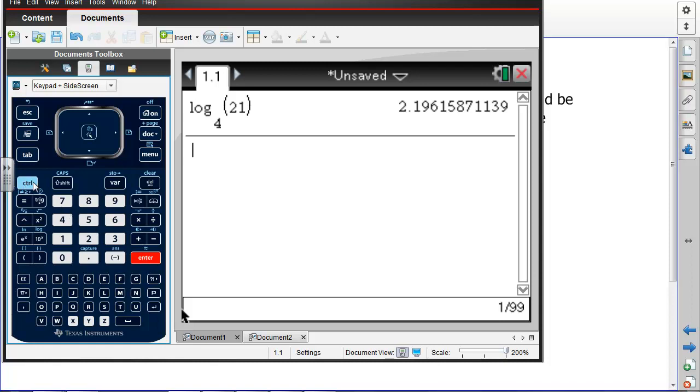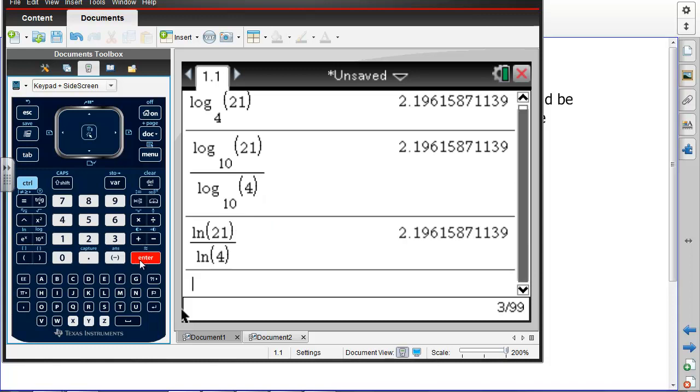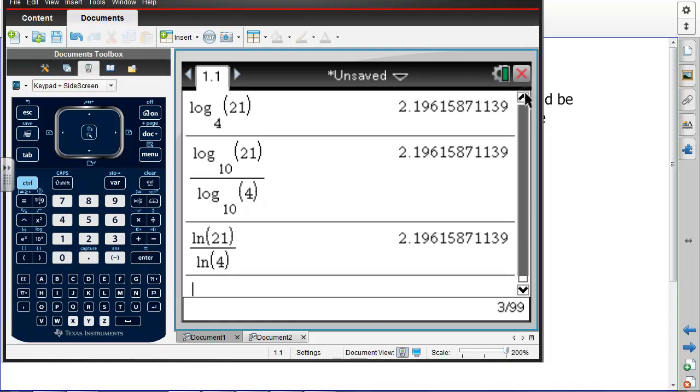Or I could do the log of 21, and then move out, divided by the log of 4. And you see that gives me the same thing. Or I could do natural log. Natural log of 21, close that parenthesis, divided by natural log of 4. And you can see all 3 ways here I have the same answer.